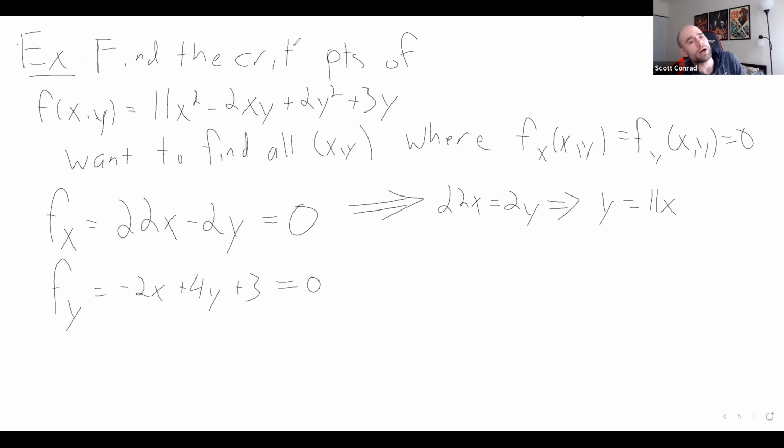So we don't know what x and y are specifically yet, but we know at all the critical points, the y value has to be equal to 11 times the x value. And we're going to use that relationship in the next equation to solve for x.